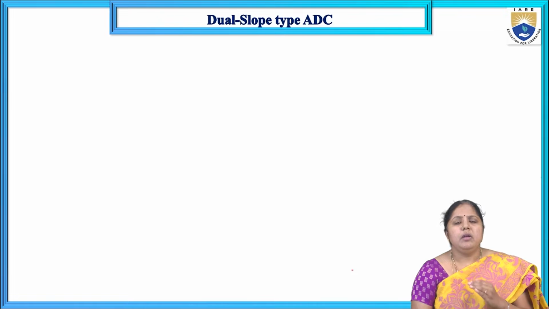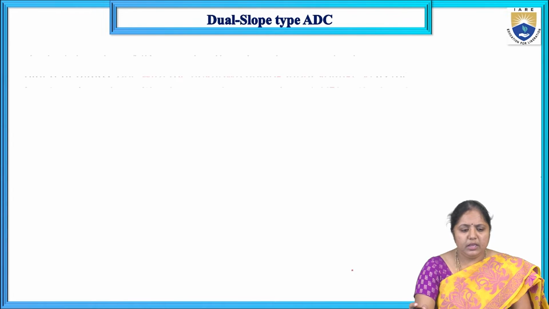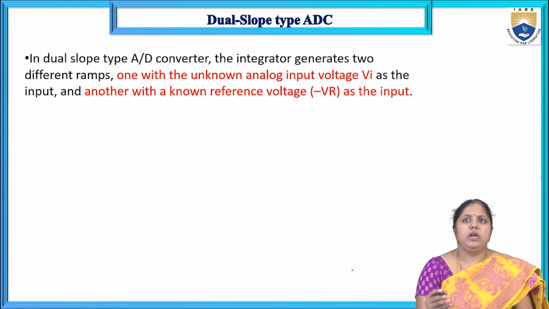So let us see because of what we get the slope curve two times. Here in this dual slope ADC, there will be an integrator arrangement. The integrator circuit will generate a ramp type of signal.